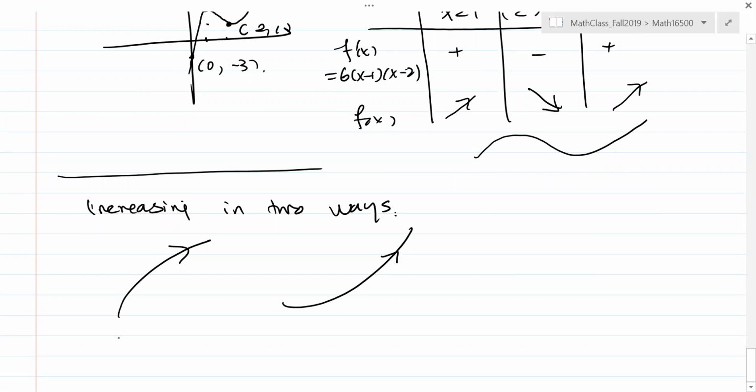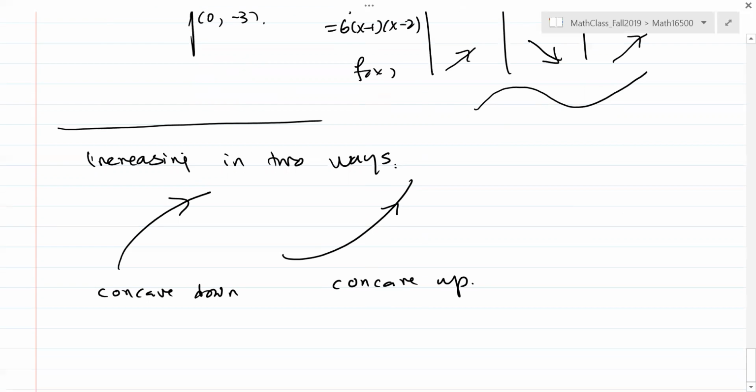In this case, we call it concave down, and here concave up. So additional information is needed to get a more precise picture of the graph. If the graph is increasing, it can increase in two different ways: concave down or concave up.